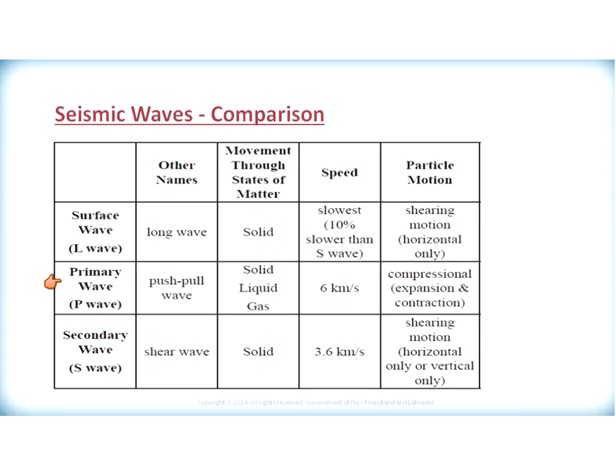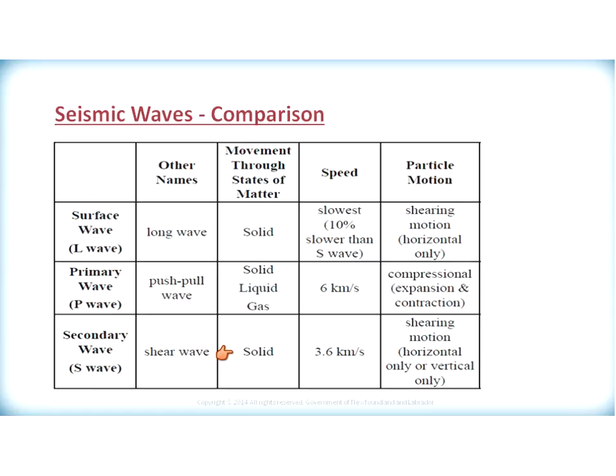Therefore, they can pass through all states of matter, such as solids, liquids, and gases. And secondary waves, again, are shear waves which have vertical motion. Therefore, they can only pass through solids. So in review, surface waves pass through solids, primary waves can pass through all states of matter, solids, liquids, and gases, and secondary waves can only pass through solids.